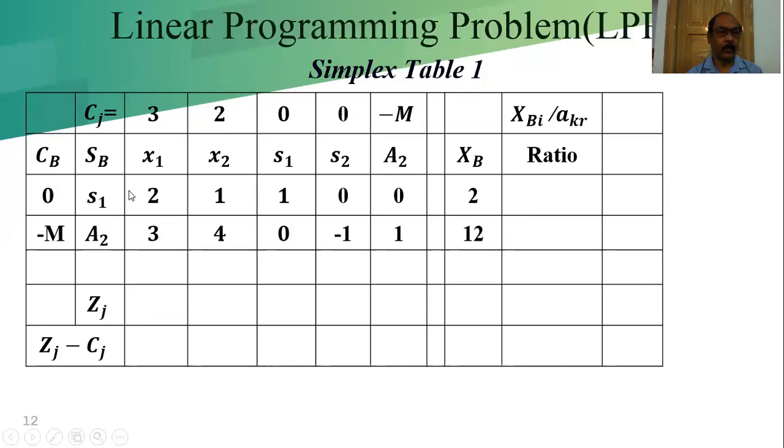CB_i into a_ij, written column wise: a11, a12, a21, a22. So 0 into 2 minus M into 3, so this will be minus 3M.